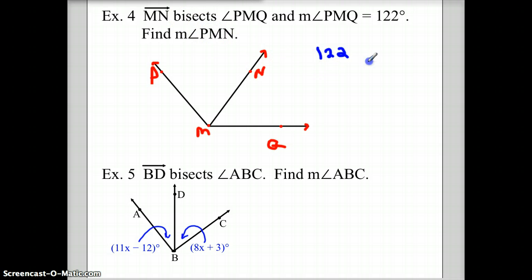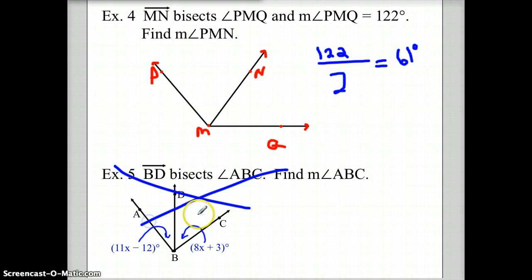Well, bisect, that just means it's cutting it in half. So that means I'm going to have 12 divided by 2 is 6, 2 divided by 2 is 1. Each of those angles will then be 61 degrees. Skip example 5 right now. We're going to come back to it in just a little bit.